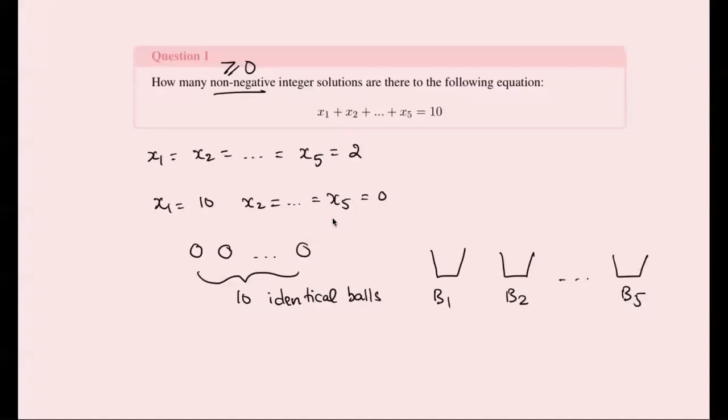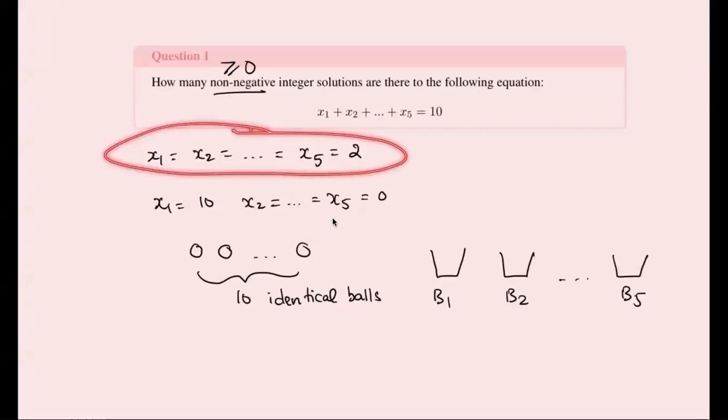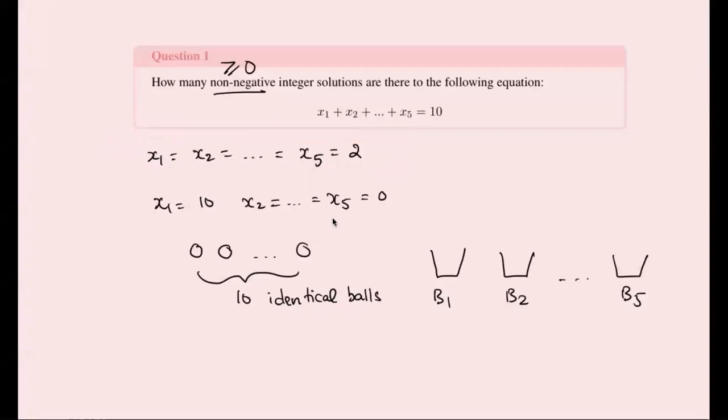Why is it related to this equation? It is because, for example, there is a solution x1 = x2 = ... = x5 = 2. It is the same as putting 2 balls in each of the bins.